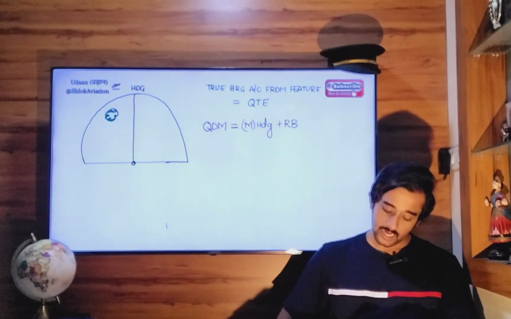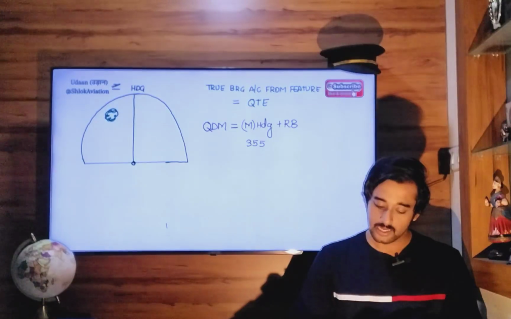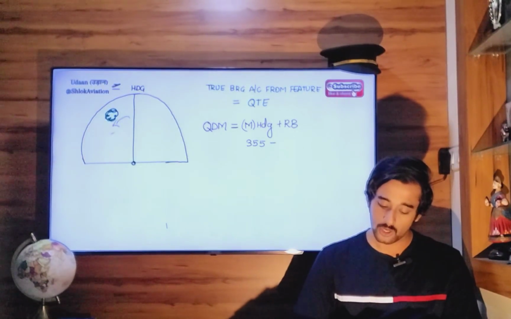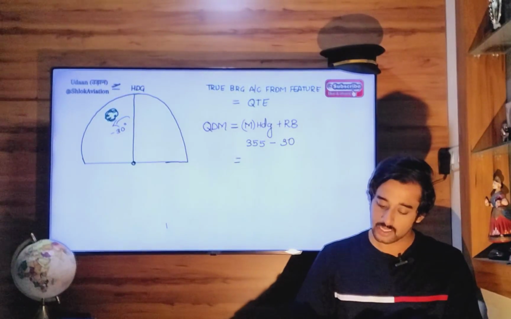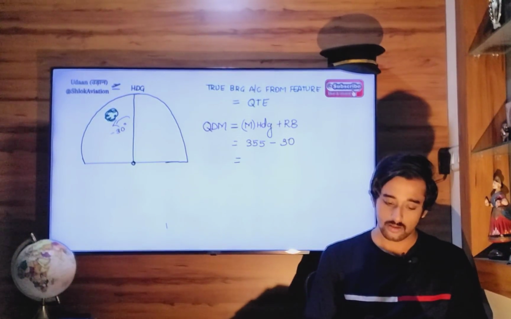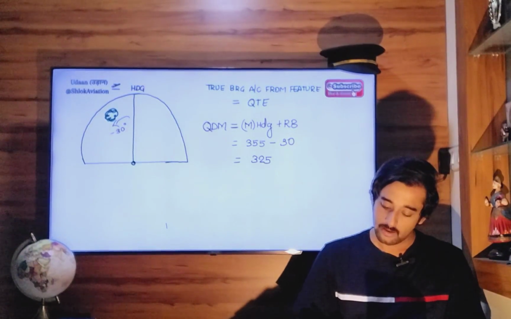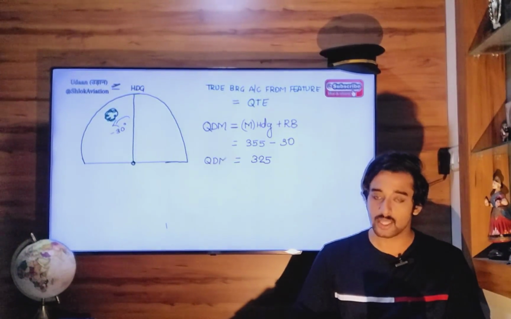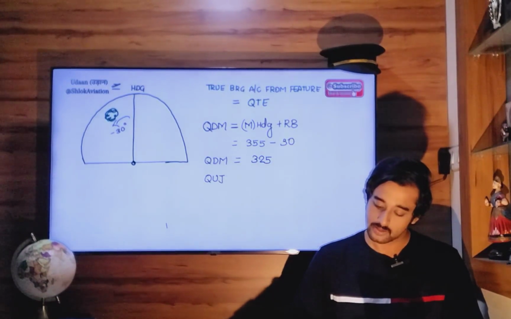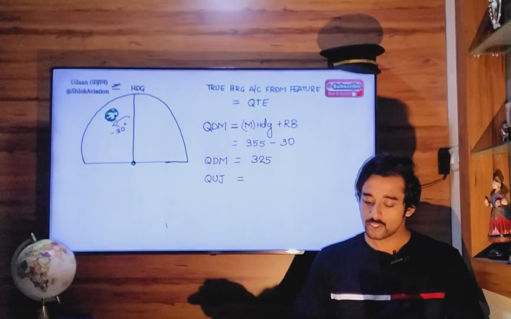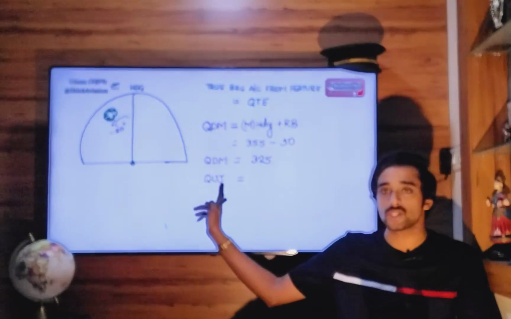So what is the magnetic heading of aircraft? 355. Relative bearing is minus 30 degree because it is to your 30 degree left hand side. So 355 minus 30, 325. That is QDM. Magnetic bearing towards that ground feature. QUJ will be what? QUJ is nothing but true bearing towards that ground station.